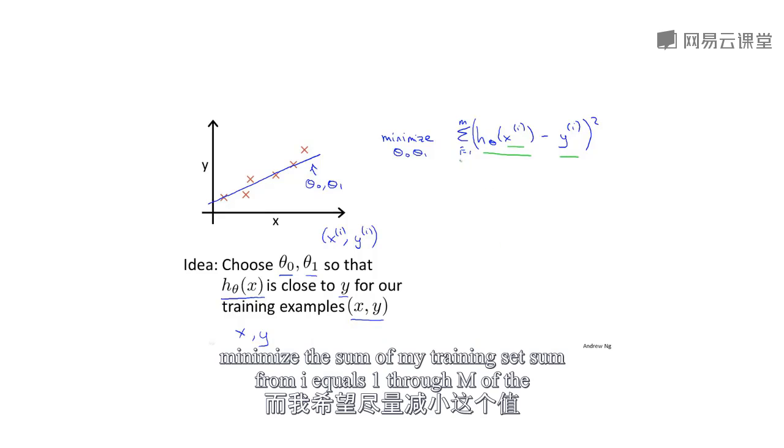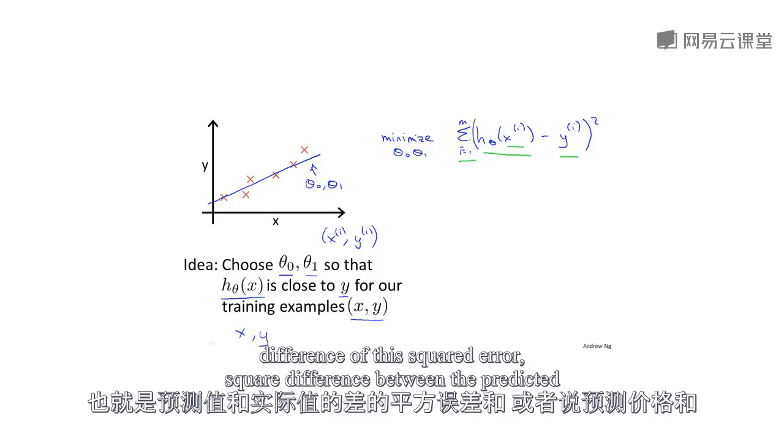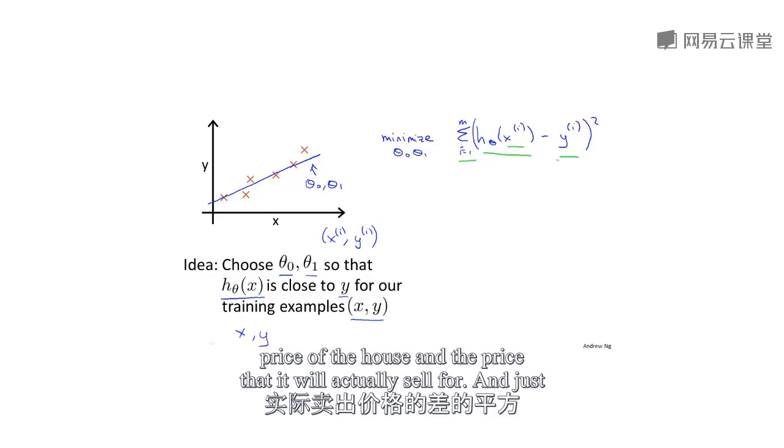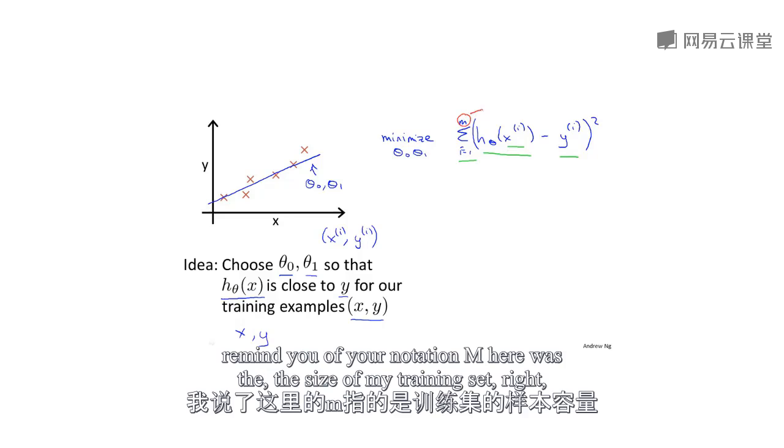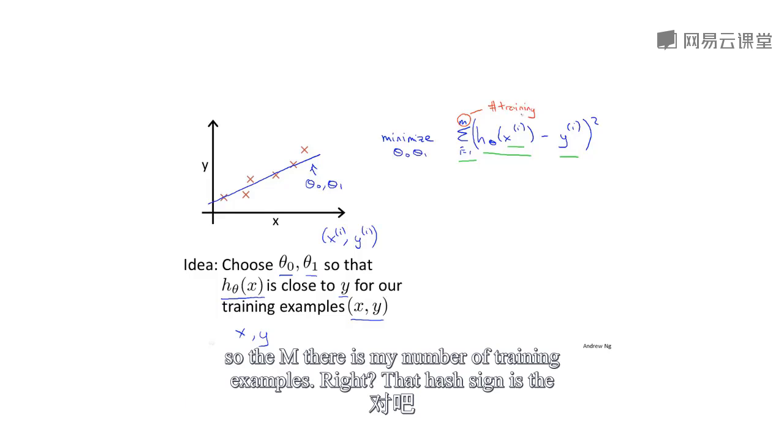I want to minimize the sum over my training set of the squared error, the squared difference between the predicted price of a house and the price that it was actually sold for. And just to remind you of the notation, m here was the size of my training set, right? So the m there is my number of training examples.